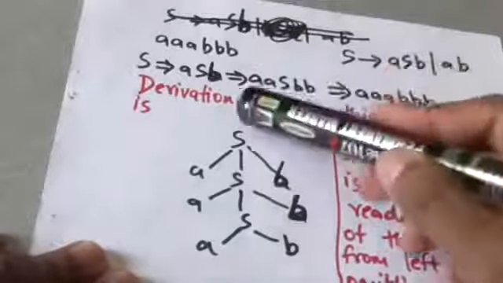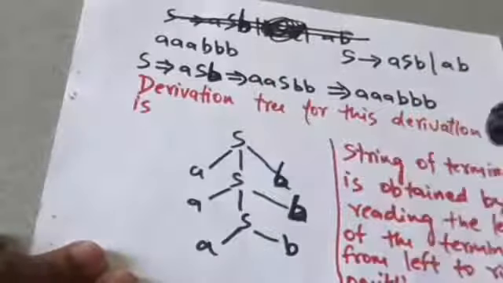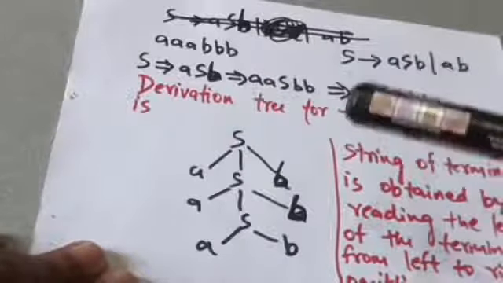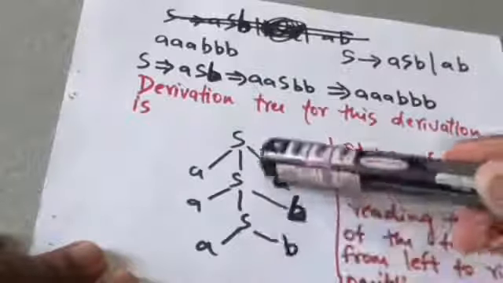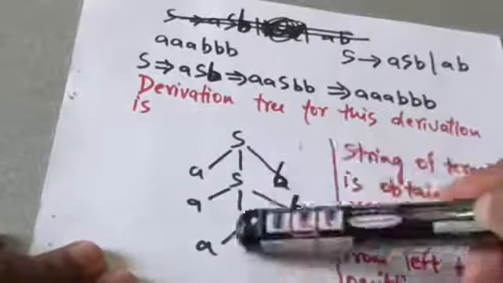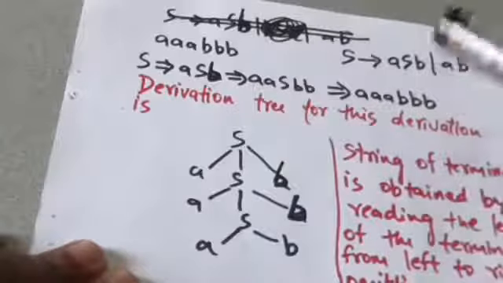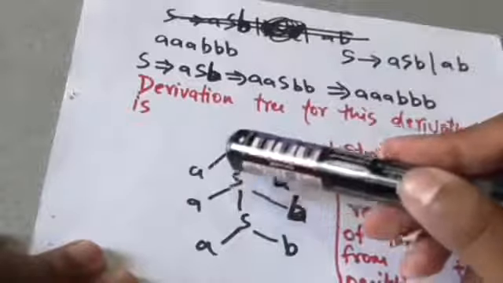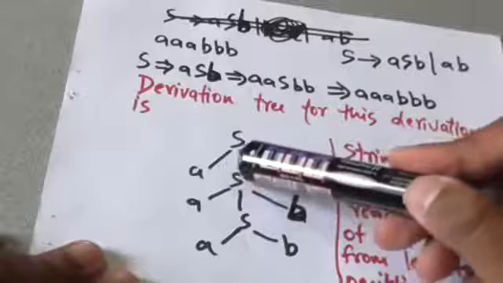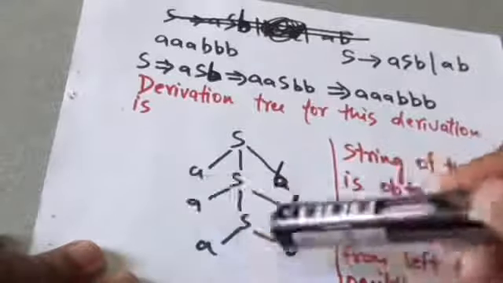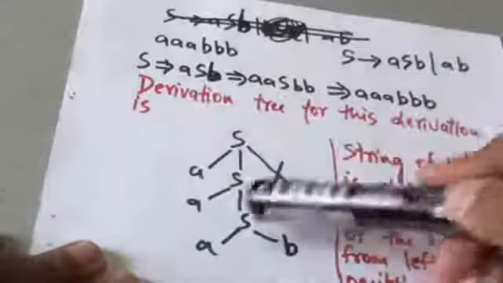So here we have labeled the root by S, right? Leaves are labeled by terminals and interior nodes are labeled by variables. Now see this node S. Its children are a, S, b from left to right.